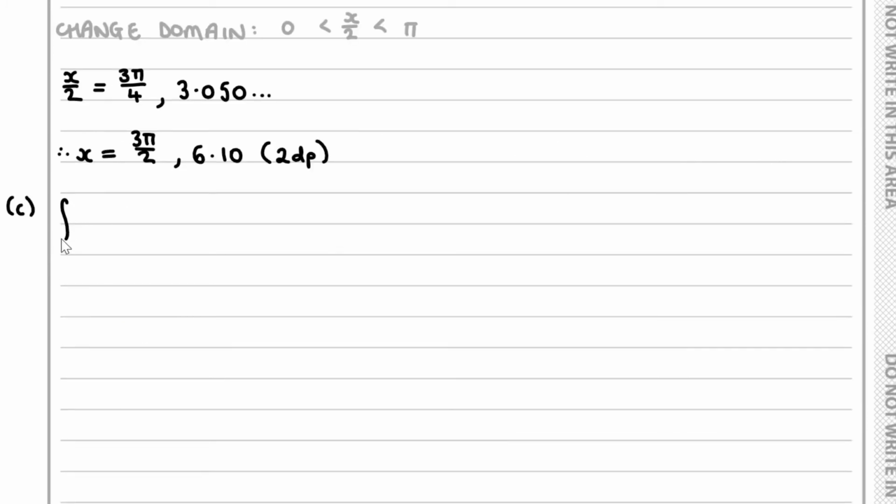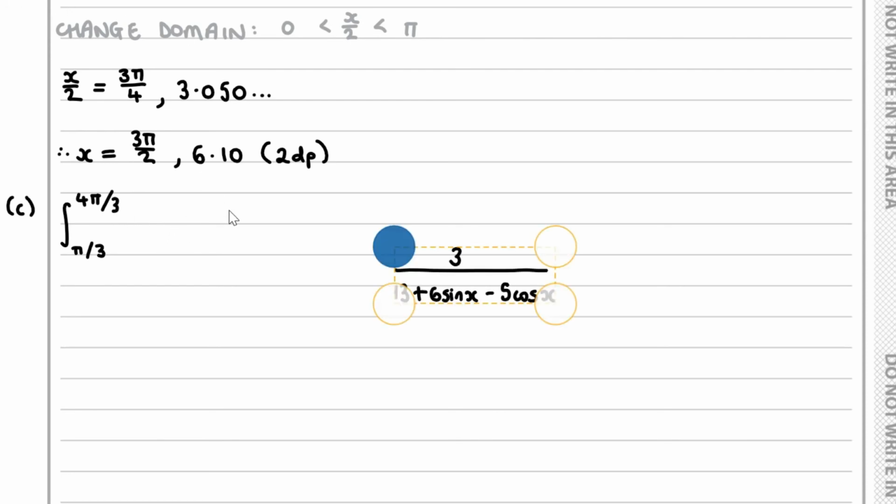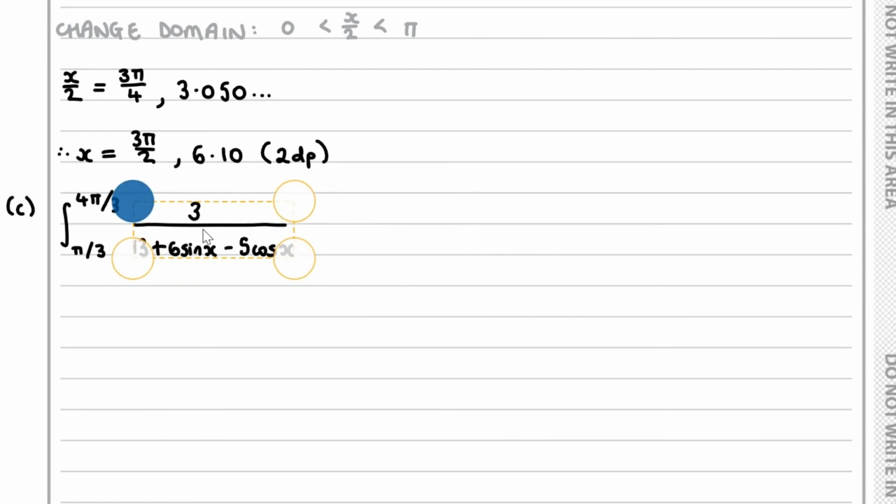So we have the integral from pi over 3 to 4 pi over 3 of this here with respect to x. Now clearly we use the t formulae.